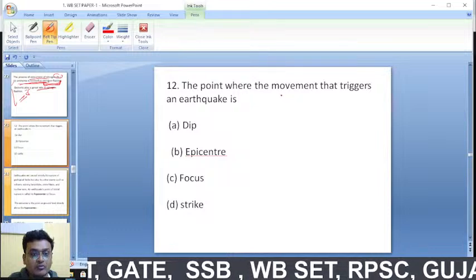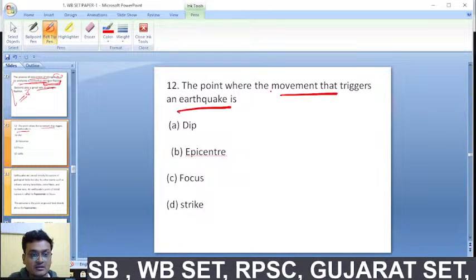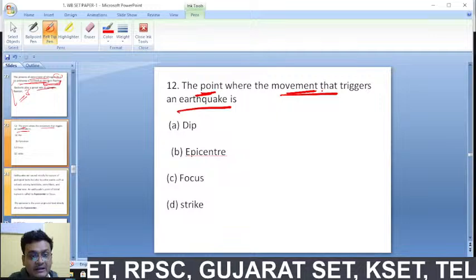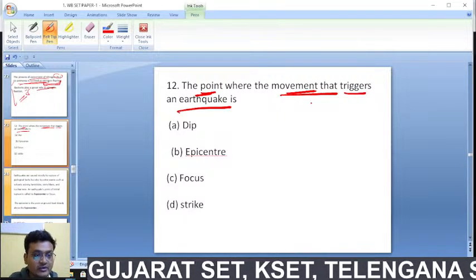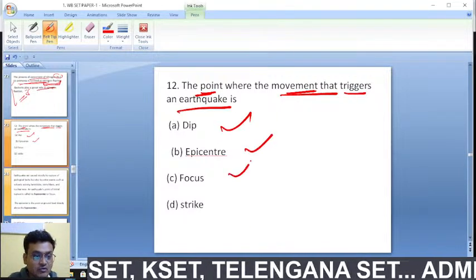The point where the movement triggers an earthquake. Deep, epicenter, focus, strike.